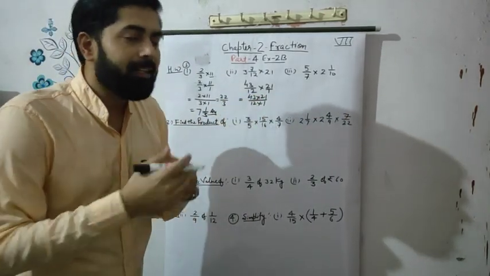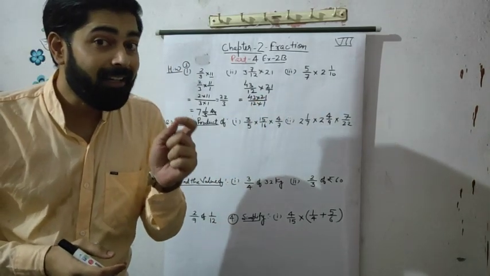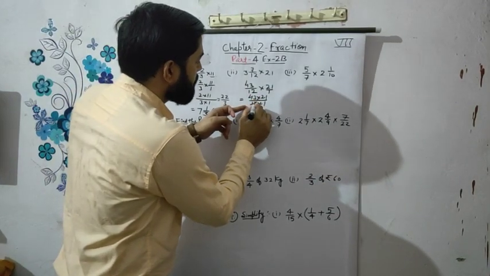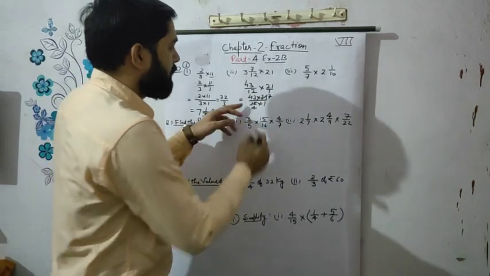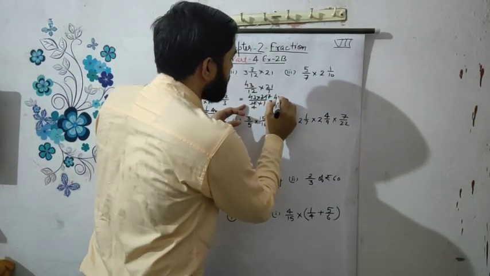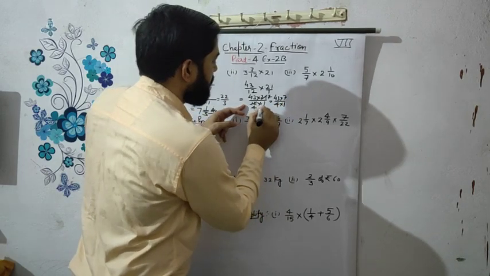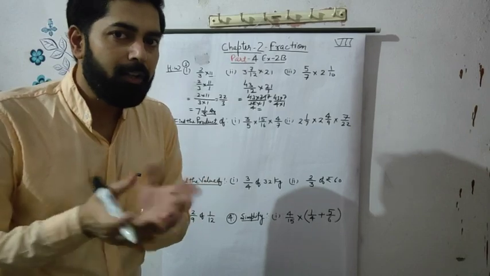When we observe, then we get what? 21 and 12 are divisible by which number? Yes, 3. So 3 4s are 12 and 3 7s are 21. So what is left here? 43 multiplied by 7 upon 4 multiplied by 1. Then multiply these numbers and you can find your answer.